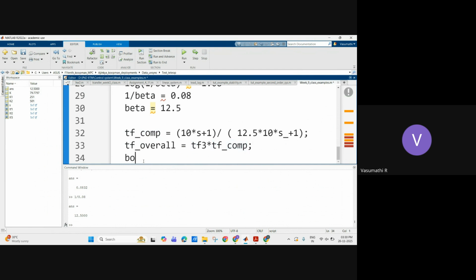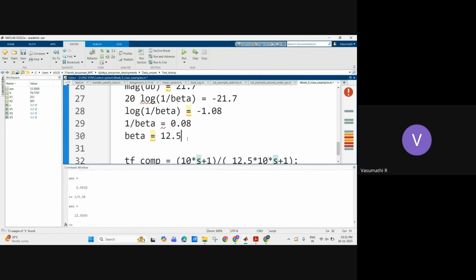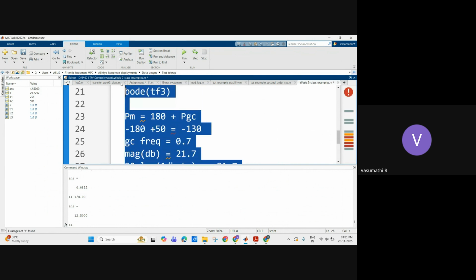So if I find the Bode of it, there is a typo, an underscore, at line 32. Okay, thank you. This shouldn't be there. This will create an error. This is for annotation.